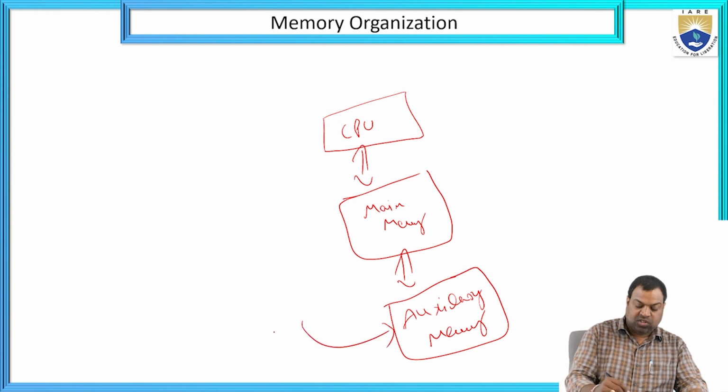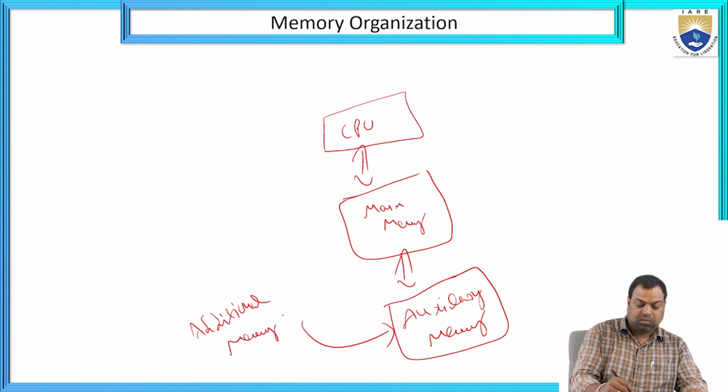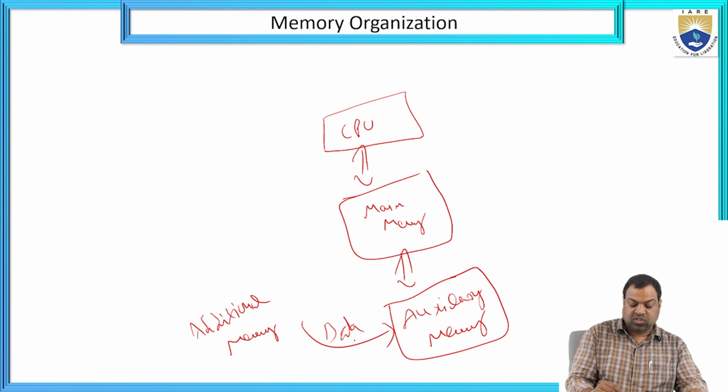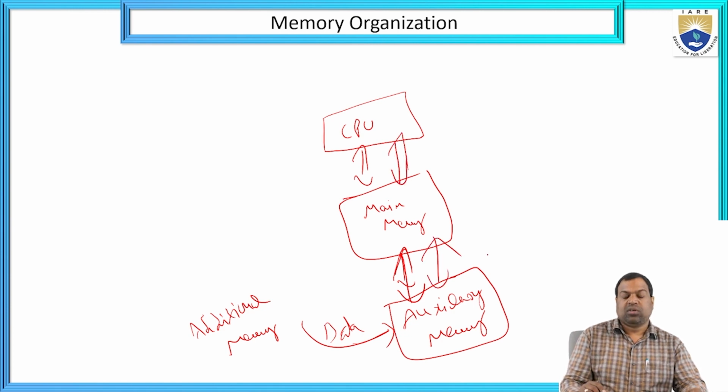So this auxiliary memory is the additional memory. When the data is transferred from the auxiliary memory, it is transferred to the main memory, then it is going to the CPU. If the CPU transfers data, then it goes CPU to main memory, and then main memory to auxiliary memory. So here main memory is a mediator between the CPU and auxiliary memory.